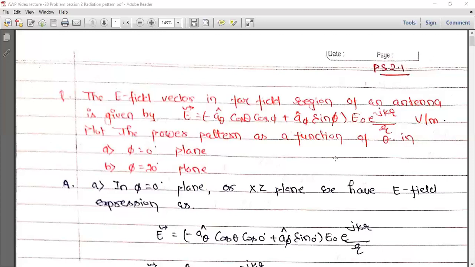So then we try to measure, or plot, the received power on the surface of a sphere with the transmitting antenna placed at its center. Okay, as we have already performed many experiments in our laboratory, the power pattern or the radiation pattern is plotted by placing the antenna at a certain position.